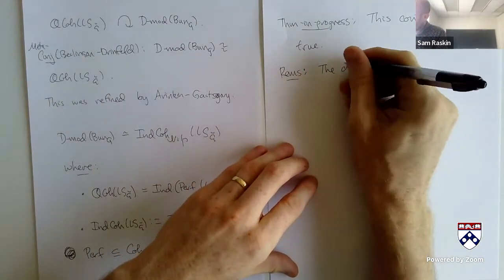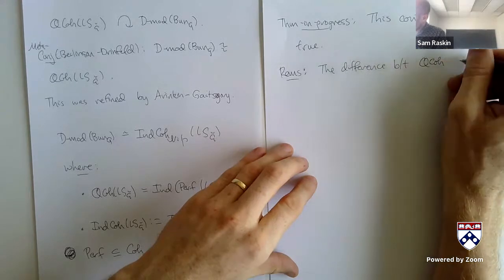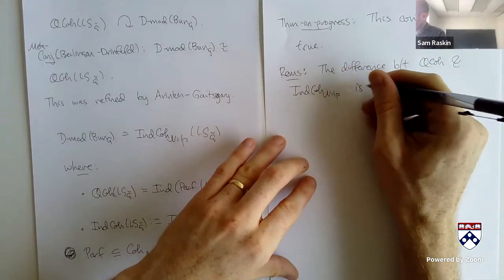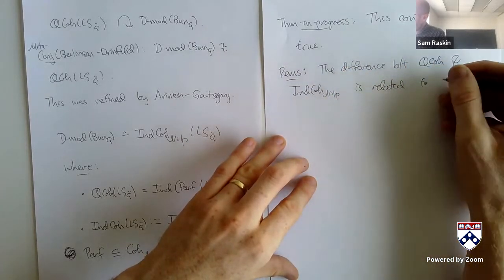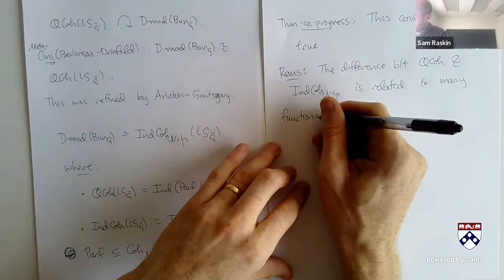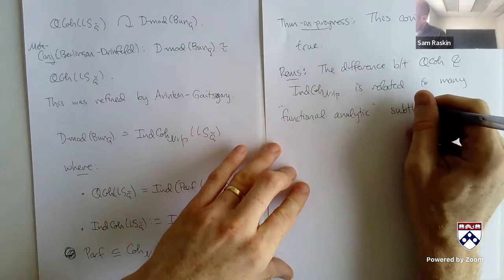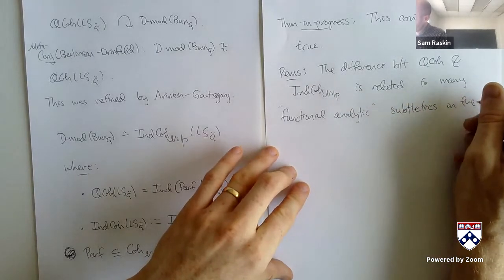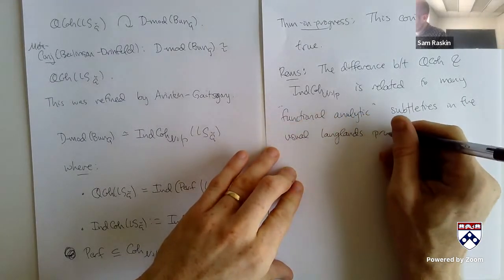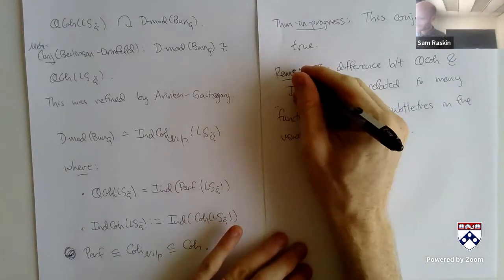So the difference between quasi-coherent and this IndCoh nilp is related to many, if you want, functional analytic subtleties in the usual Langlands program. And maybe I'll just call that a remark and call it a day.